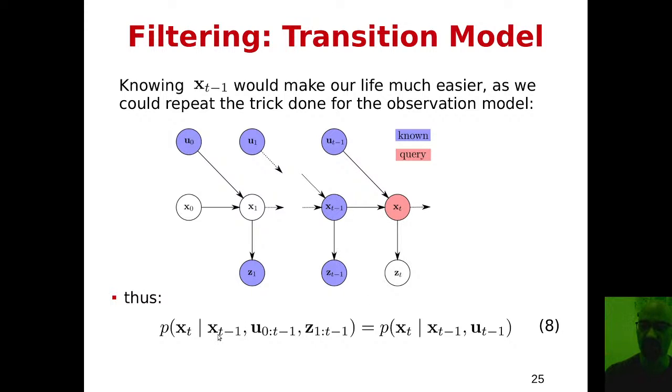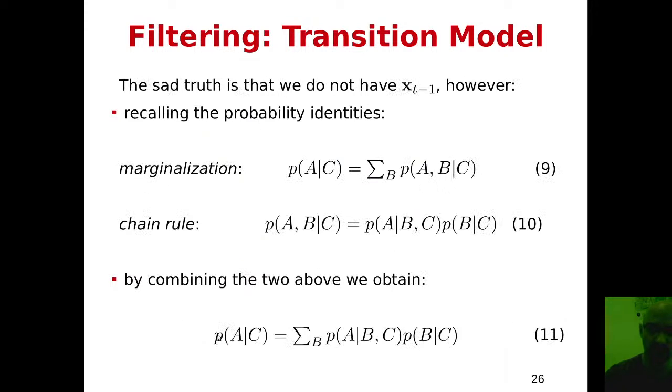Again, we do not have this x t minus 1. So we look back in our rulebook, and we observe that there are two nice rules that come handy for this purpose.